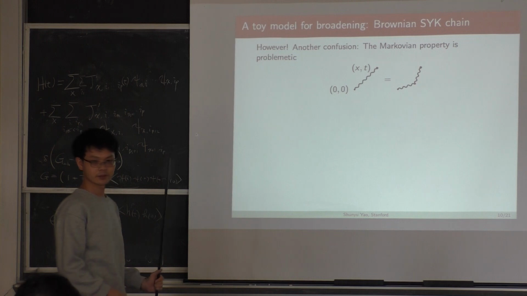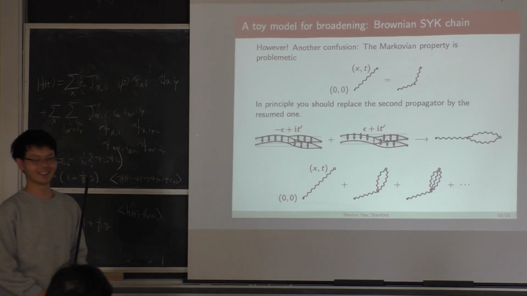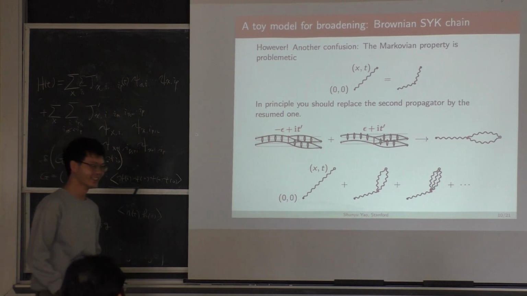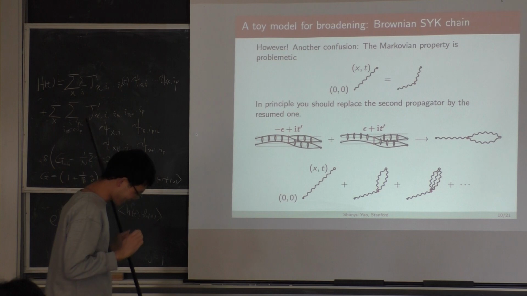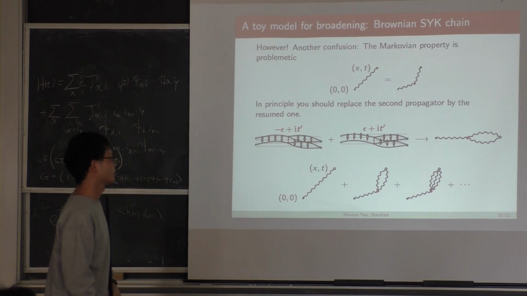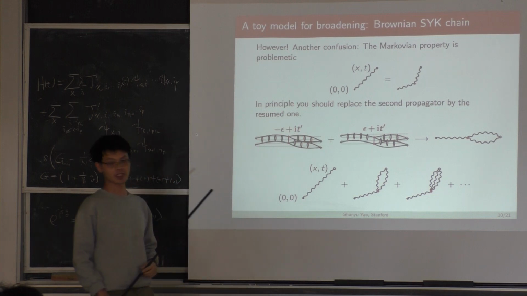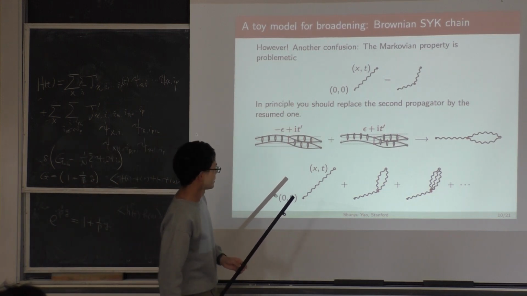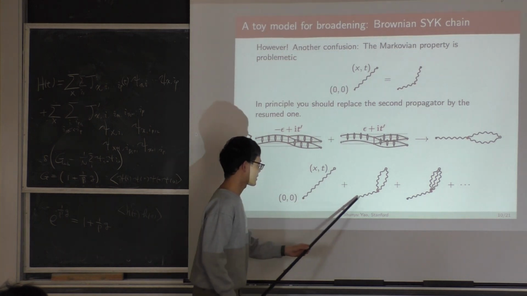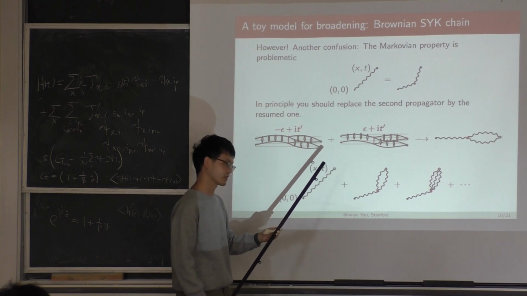But that you precisely resum. It's the same thing here. So what that tells you is, in principle, you should also replace the second propagator by the resummation. And let me be slightly careful that when I draw this diagram, of course this thing just means that HH interaction vertices.